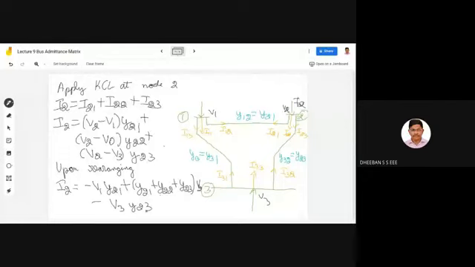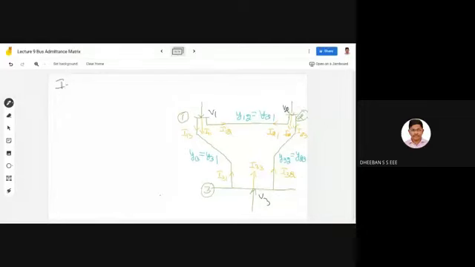Now we have to write this as I2 equal to Y21 V1 plus Y22 V2 plus Y23 V3.